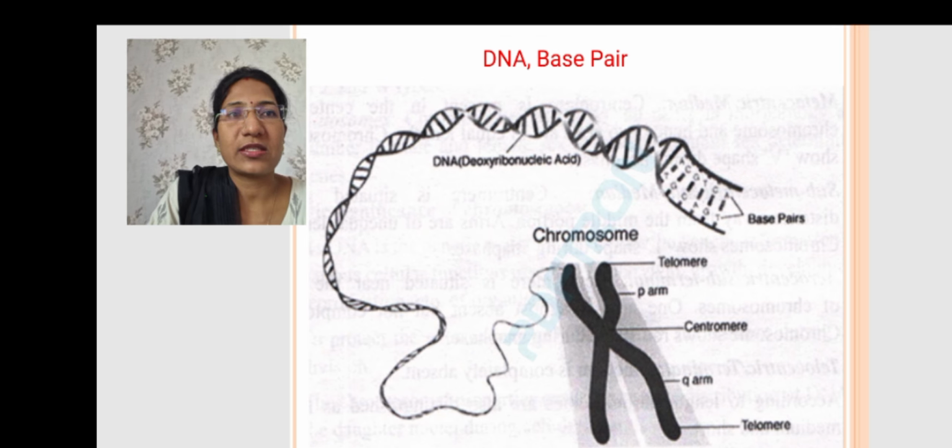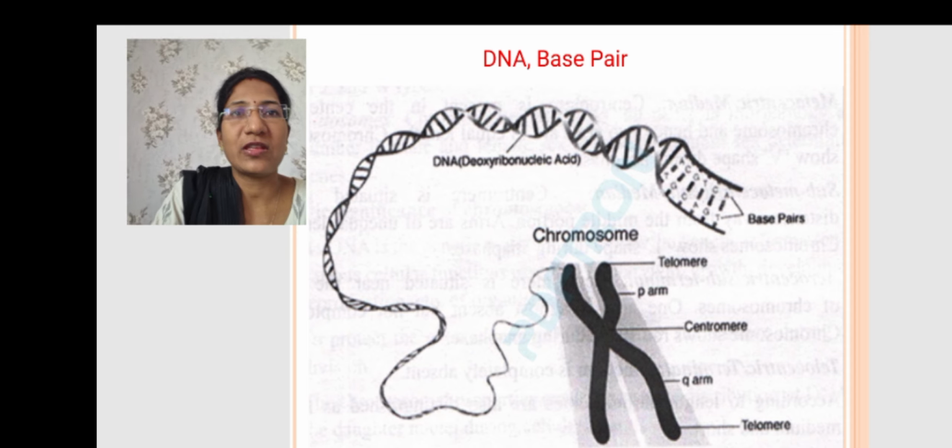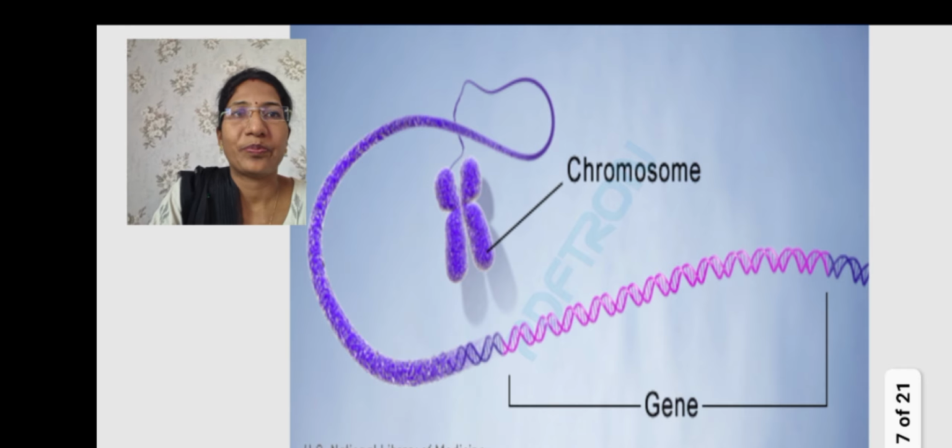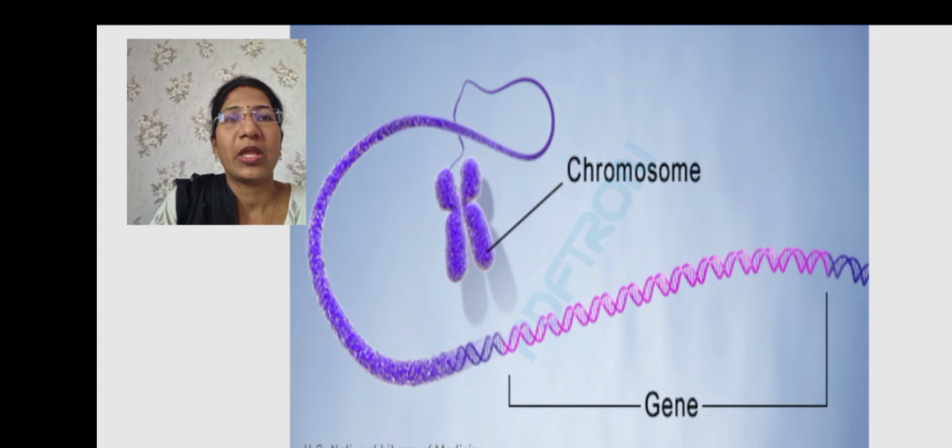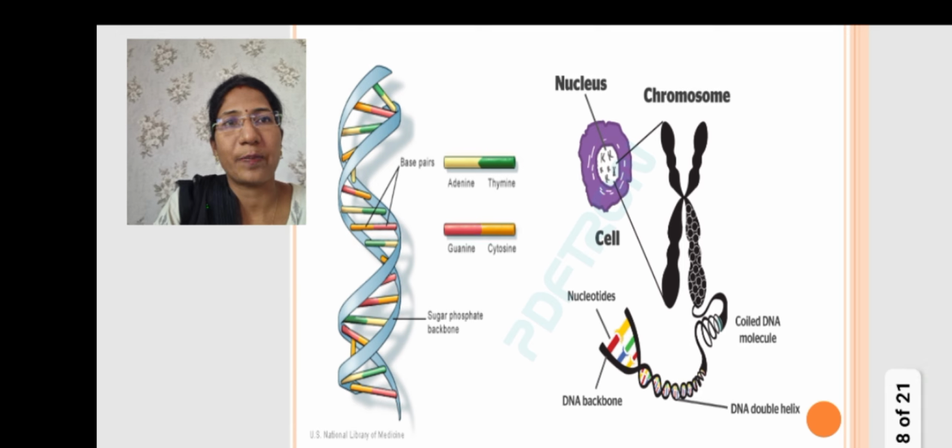Then this is the double helical strand of a DNA, and this is the chain of the DNA model. So this slide shows, the purple color is the chromosome, and this link or chain of a chromosome creates or replicates a gene.